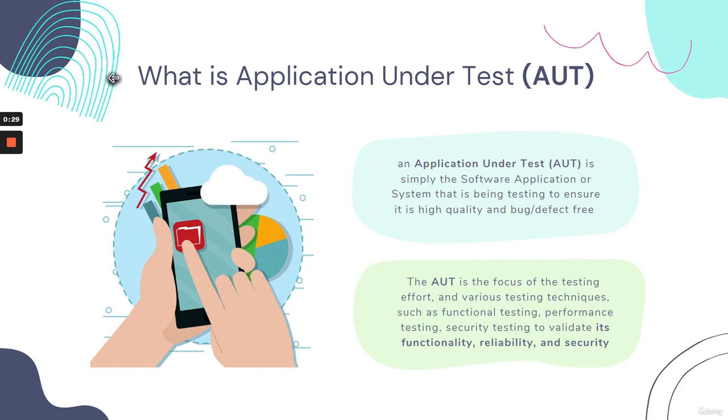The AUT is the focus of the testing effort, and various testing techniques such as functional testing, performance testing, security testing, and other types of testing to validate its functionality, reliability, and security are in place.